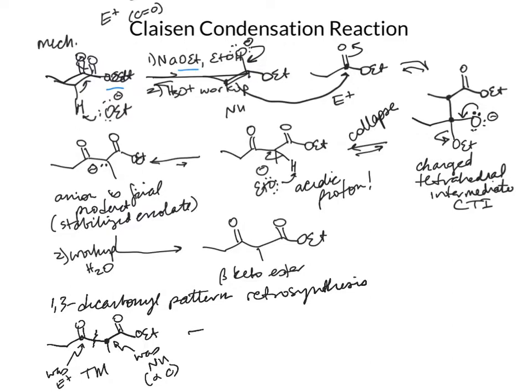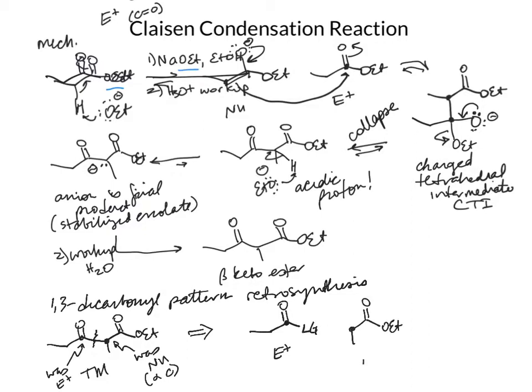Now the difference here compared to an aldol disconnection is that we still have a carbonyl. And how do we still have a carbonyl? We still have a carbonyl because there must have been some kind of leaving group attached to the electrophile, so that after the enolate attacked, the carbonyl was reformed.